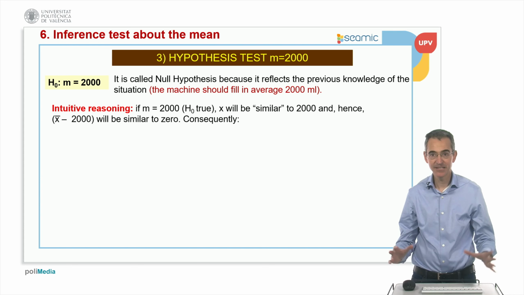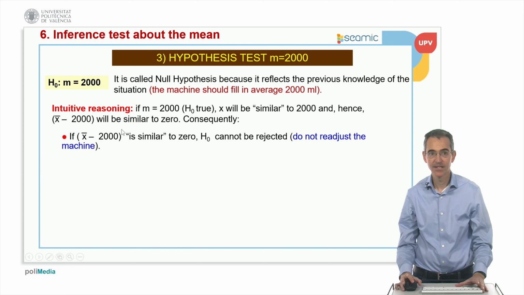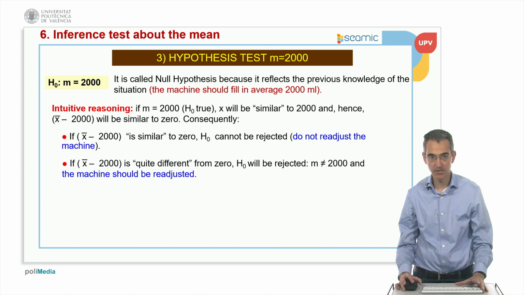So the key idea is that if m is actually 2000, so if the null hypothesis is true, x̄ will be similar to 2000, and therefore the difference between the sample mean and the population mean will be around 0. If this difference is close to 0, the null hypothesis cannot be rejected, and the conclusion will be that we should not readjust the machine.